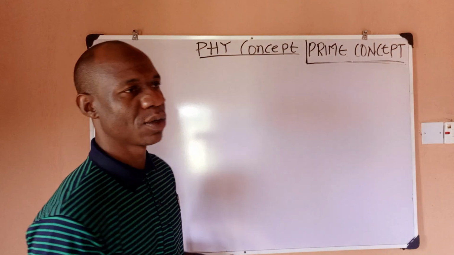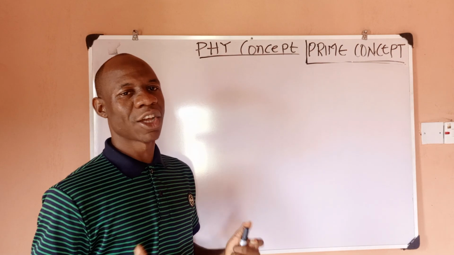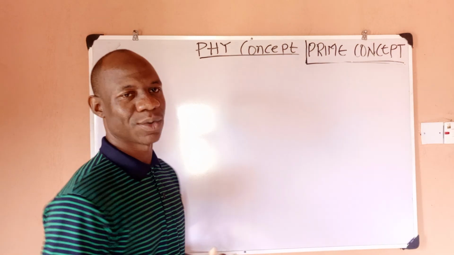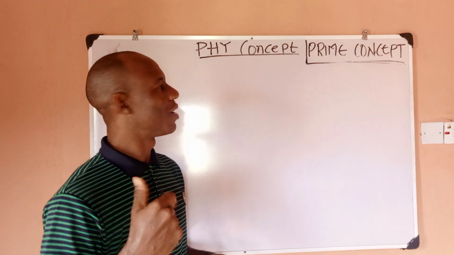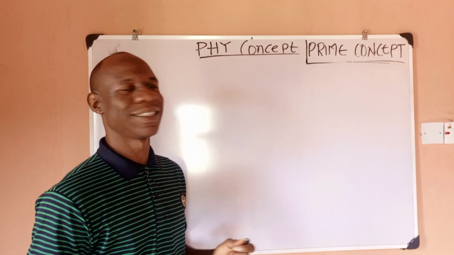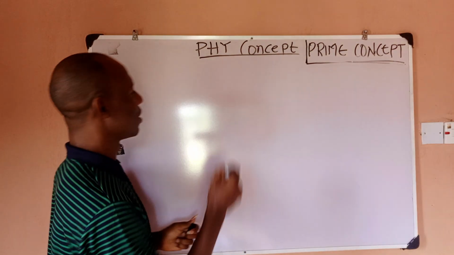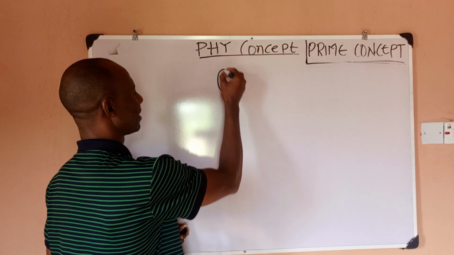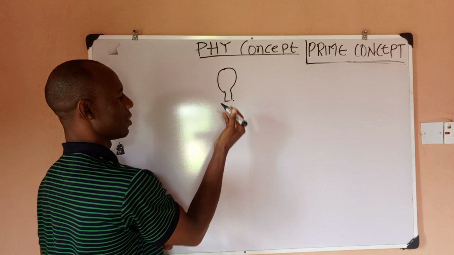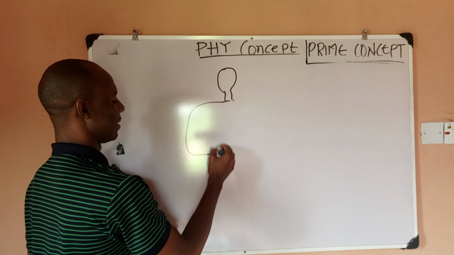Now, one of the things we want to do under electricity is to understand the components in electricity. Those days, when some of us were growing up, one of the simple experiments we used to conduct was to bring a light bulb, a touch bulb, like this, and connect that bulb through a wire to a battery.